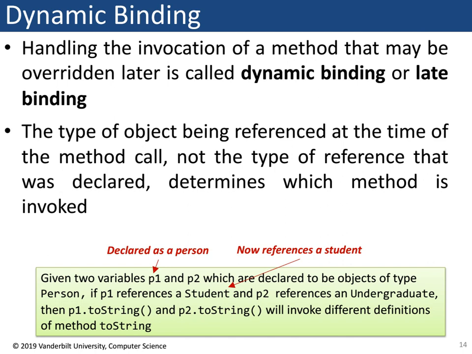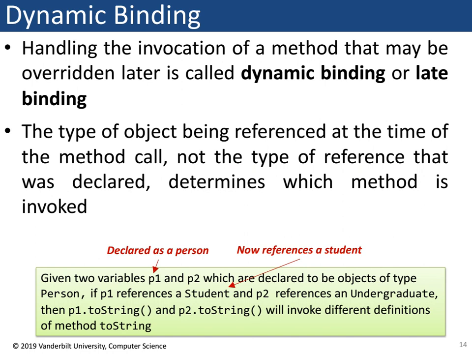So the property of Java that allows for handling these invocations of some method that might be overridden later is called dynamic binding. So the idea is this: the type of object which is being referenced when the method is called determines the method which is invoked, not the type of reference that was declared.